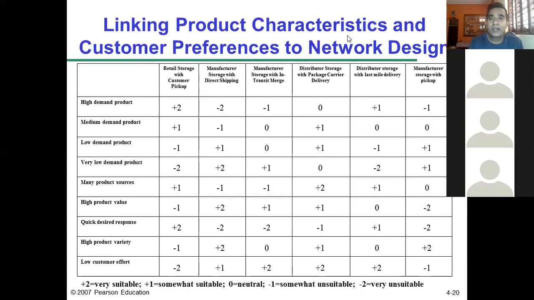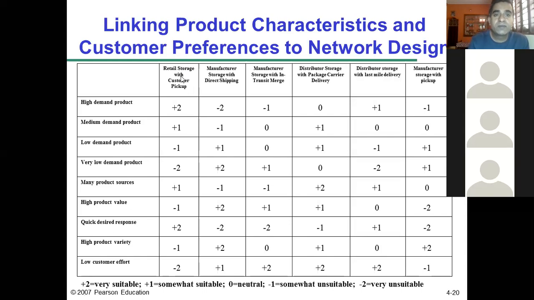Then, linking product characteristics and customer preferences to network design. These are the product characteristics: the product with high demand, the product with medium demand, the product with low demand, the product with very low demand, the product with different sources, the product with high value, quick desired response, and so on.